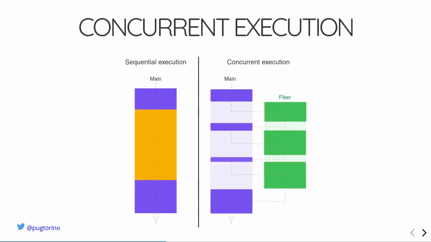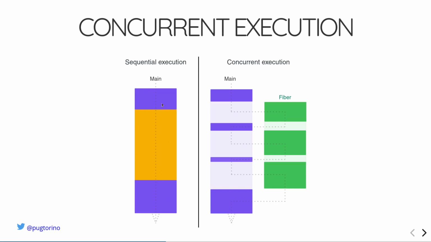So if you want to understand better, maybe this diagram can help a little bit. So imagine that you have a sequential execution. So this is normal PHP code, where this rectangle represents a specific piece of code in your code base.